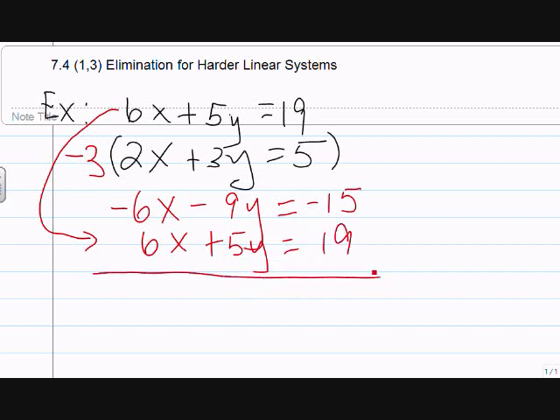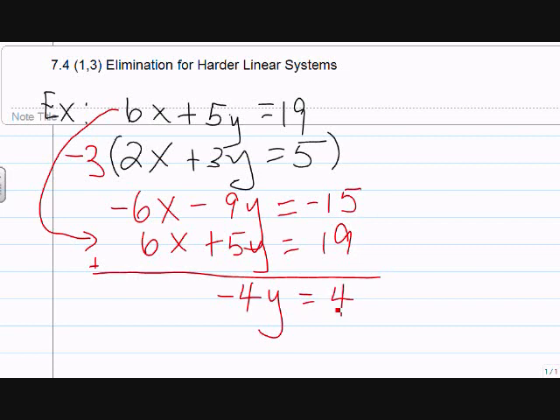Now if I just add these two equations, the x's eliminate, they go away. -6x, positive 6x is no x's. -9y, positive 5y is -4y. -15 plus 19 is positive 4.